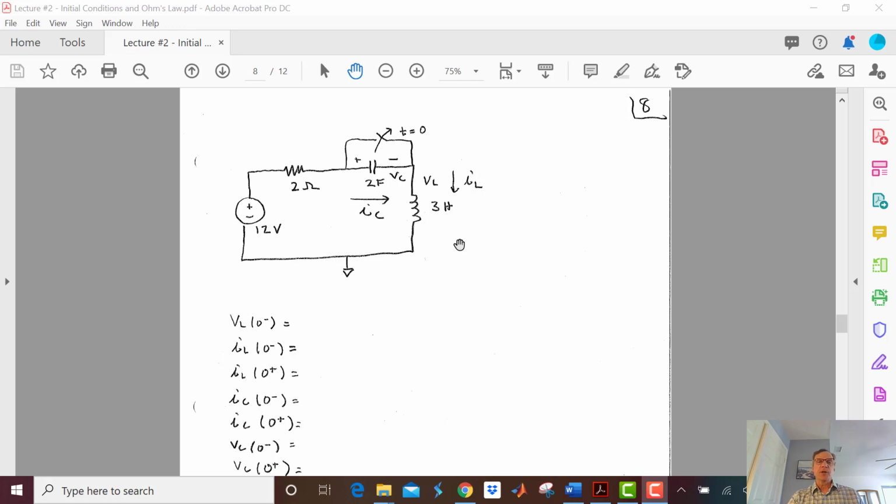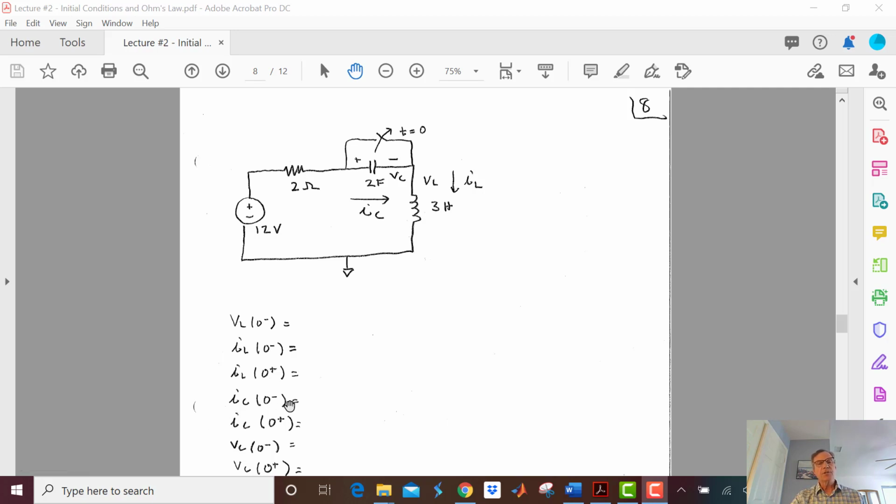I sub L at 0 minus is going to be 12 divided by 2 equals 6 amps. I sub L at 0 plus is simply equal to I sub L of 0 minus, so that's also going to be 6 amps.